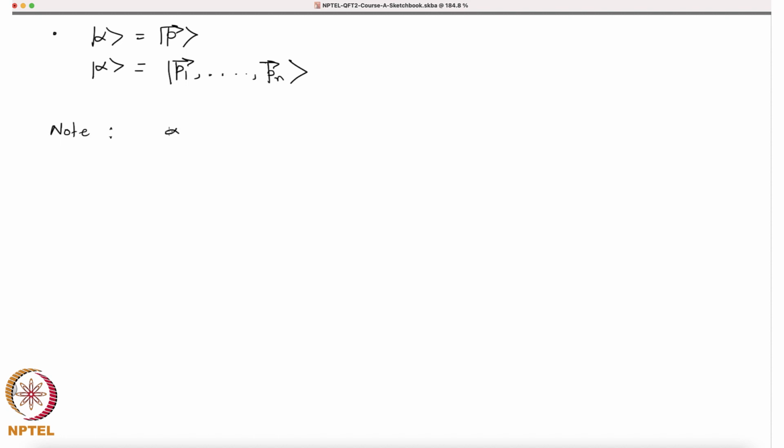Suppose I am looking at this state. Then consider the total momentum of this state. The momentum is the generator of translations. So if you take the generator of translations in your interacting quantum field theory and act on this state, you will find that this is an eigenstate.